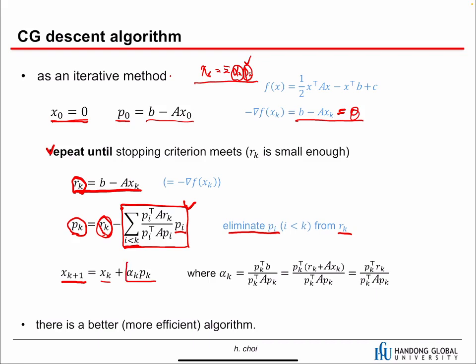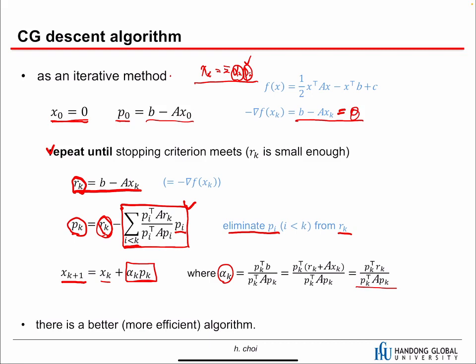So gradually we add one component at a time. And then alpha sub k is simply calculated like this, as in the previous slide. Again, in the previous slide we assumed that the conjugate vectors are given, and then we could calculate alpha sub k.